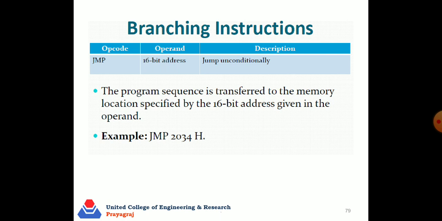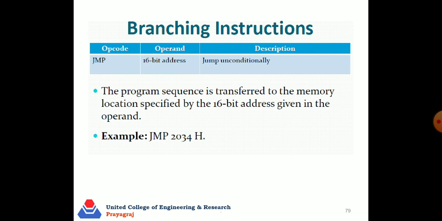So after executing JMP, jump 16-bit address. As we earlier discussed, during the execution of the program, the program counter is automatically incremented by 1, and the execution goes to the next, then next, then next.